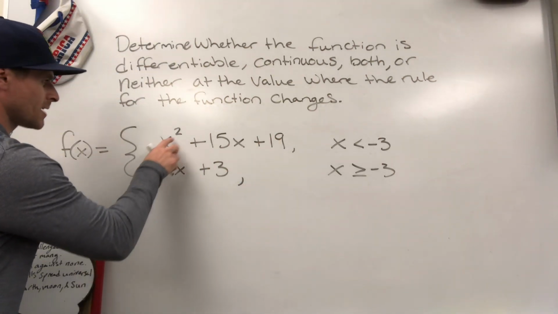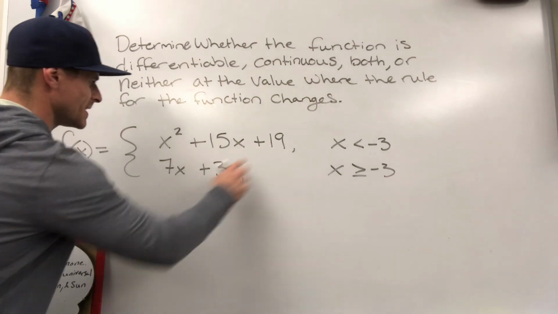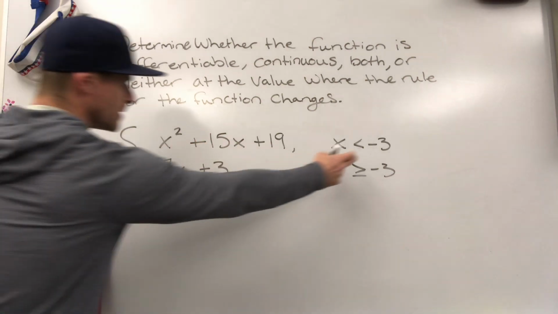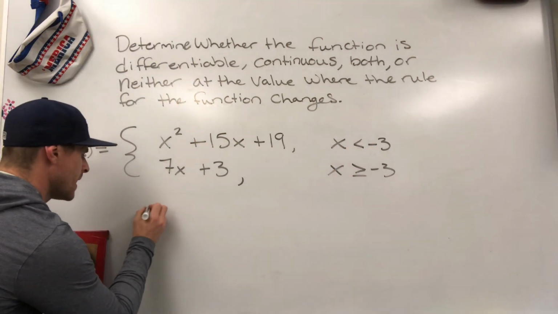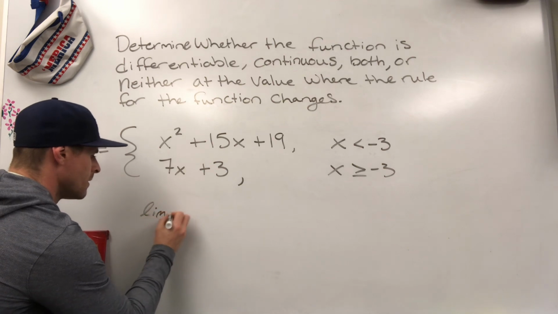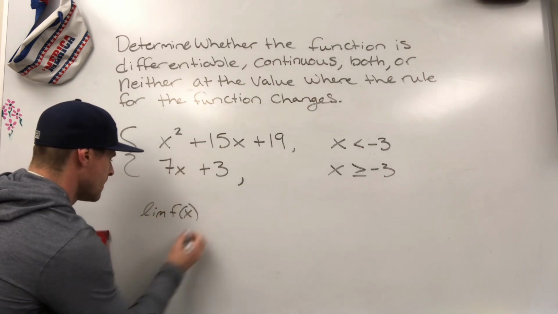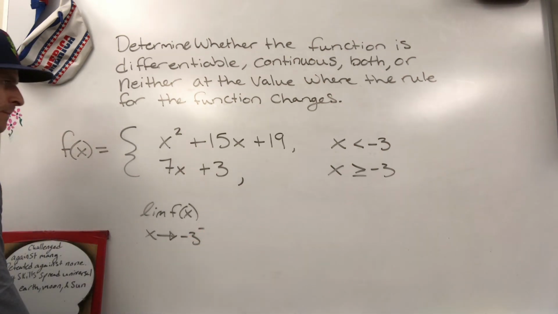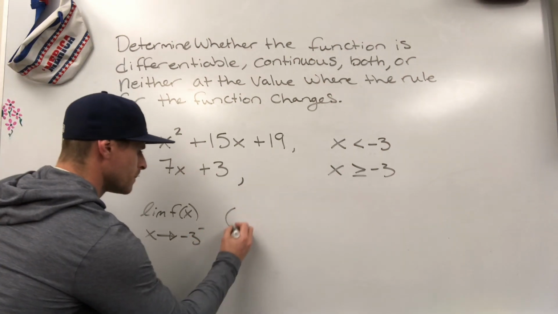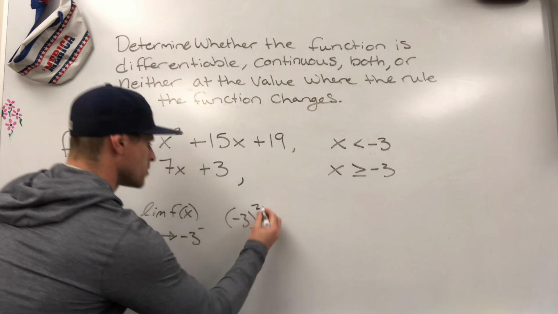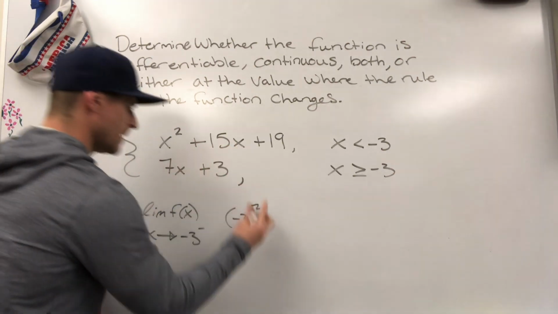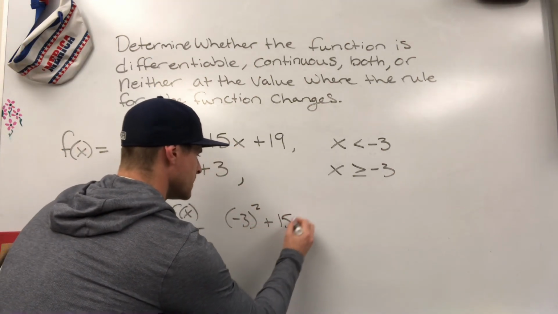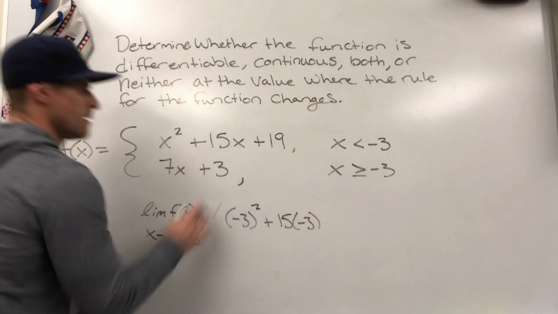We're going to take x squared plus 15x plus 19. We're going to replace these x values with -3. So as the limit of f of x, x approaching -3 from the left side, we're going to end up getting -3 squared plus 15 times -3 plus 19.